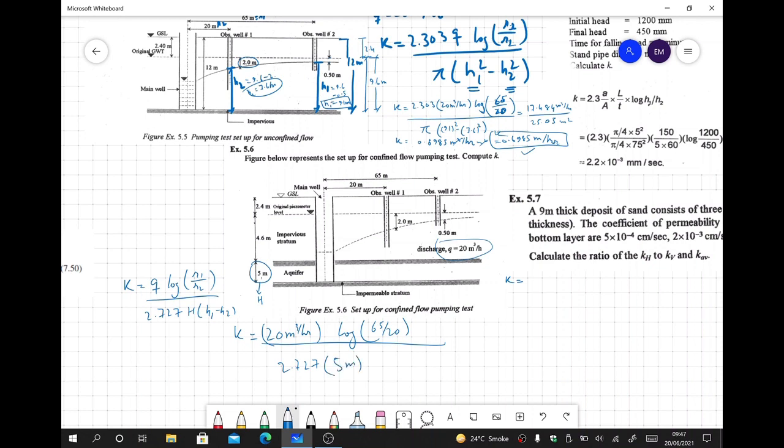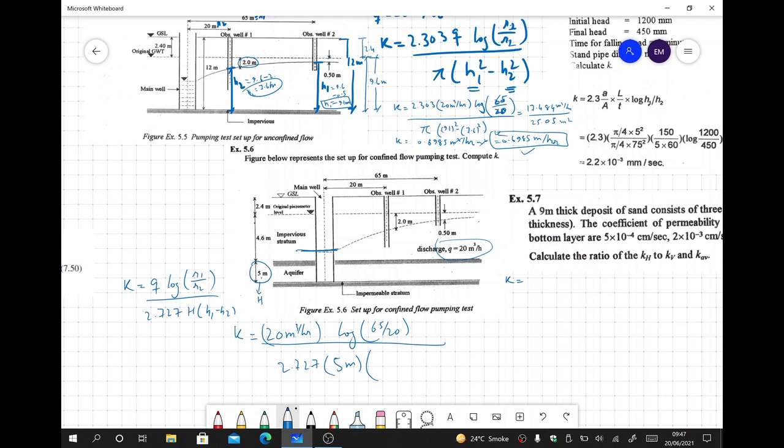This is 5 meters. And then we have to find out H1 and H2. So we have to actually find out the difference in the water table. So for that we need to find out the depth of water inside the test well. Does it say anything?